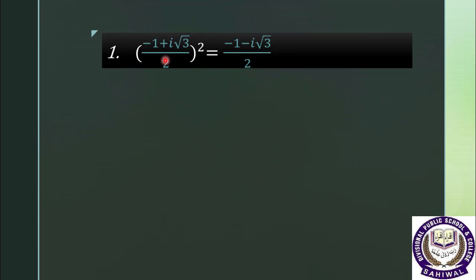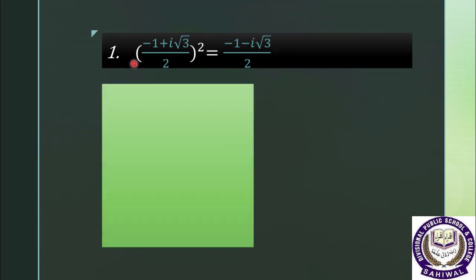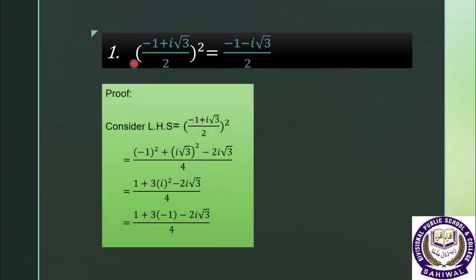Proving the first property, we consider the left hand side. ((-1 + i√3)/2) the whole square, when expanded, can be written as ((-1)² + (i√3)² - 2i√3) over 2 squared, which is 4.